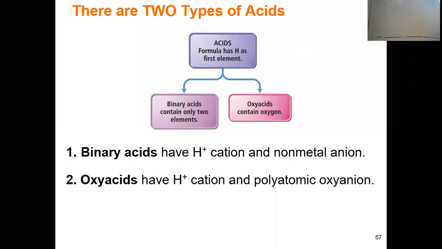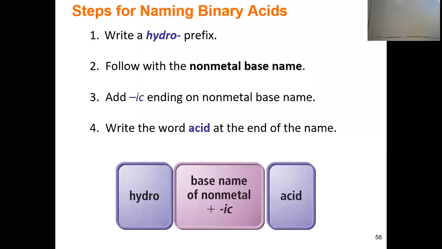Those are the 2 types of acids, and we have to differentiate them because we have to name them differently. Okay, we'll go through the binary ones first. It's very straightforward. For a binary acid, you are going to first write down the hydro prefix. Literally, I'll write down the letters hydro. Then you're going to follow the hydro with whatever your non-metal base name is. We already talked about what base names are.